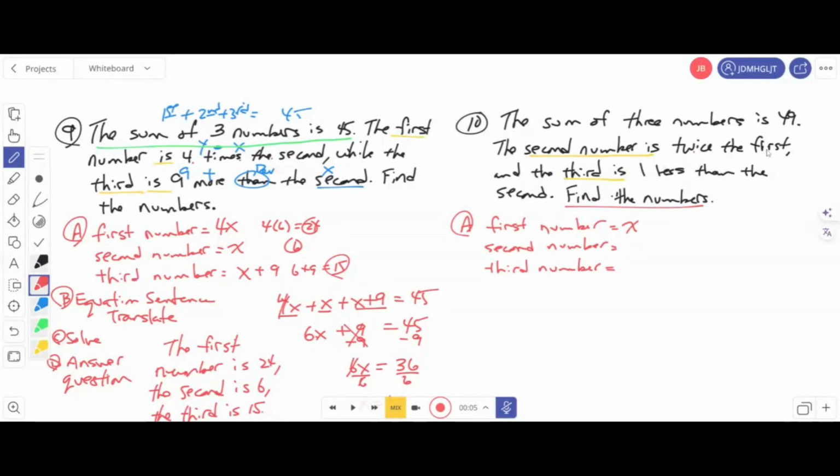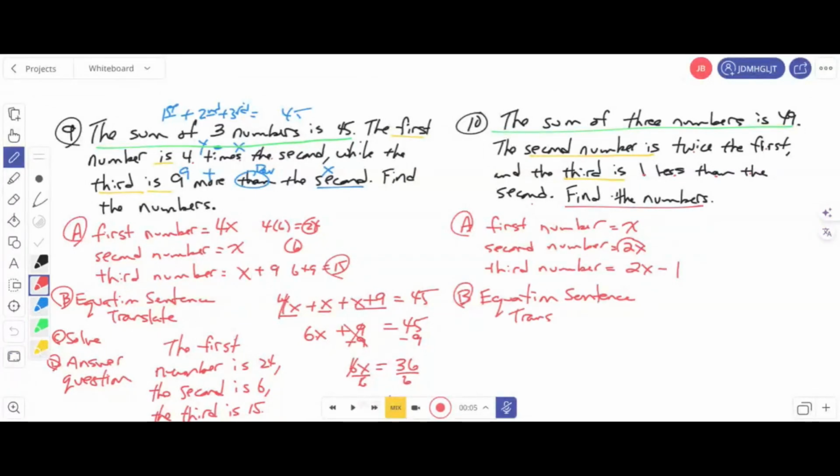The second is twice the first, 2 times the first. The third is 1 less than the second. Here's the second. 1 less than that would be 2x minus 1. Find the equation sentence. The equation sentence is the sum of 3 numbers is 49.